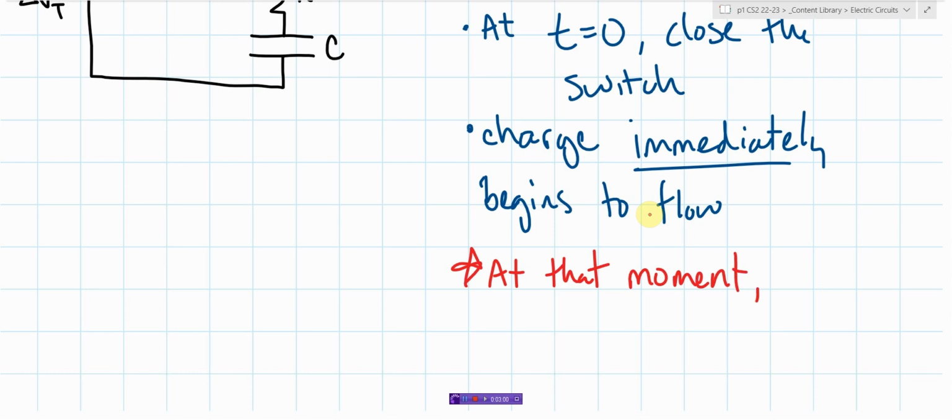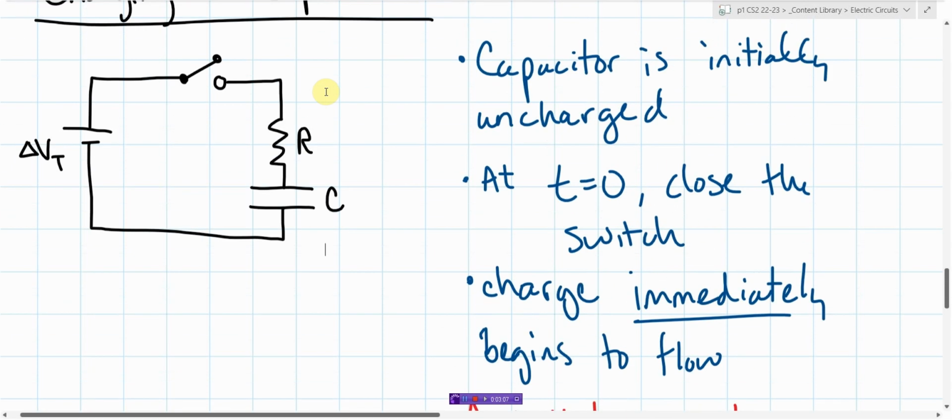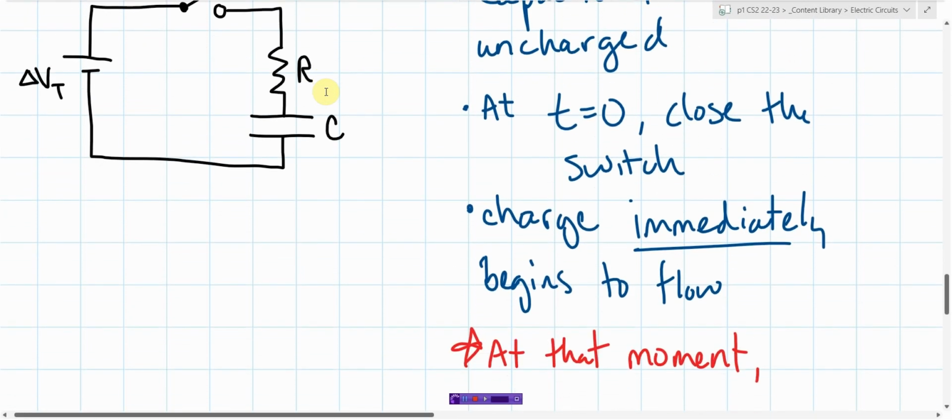Because this capacitor is uncharged and therefore it doesn't have a delta V across it, it kind of acts like a wire.